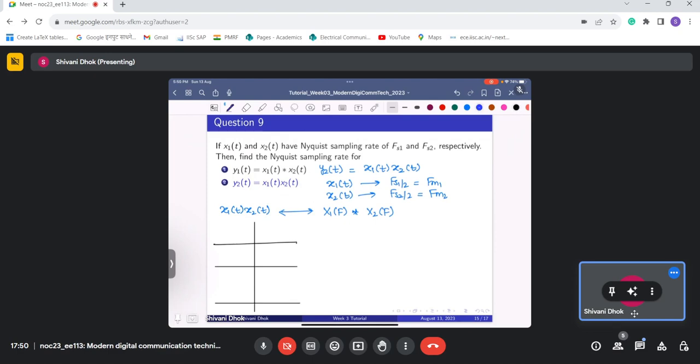Okay, so let's say this is x1(f), and let's say this is x2(f), and these two are getting convolved.